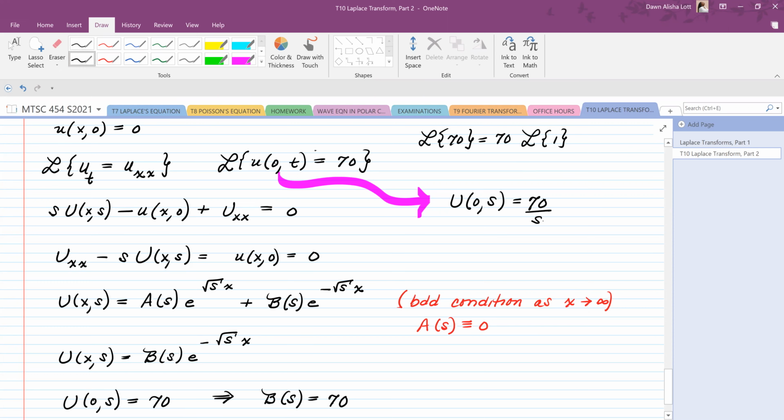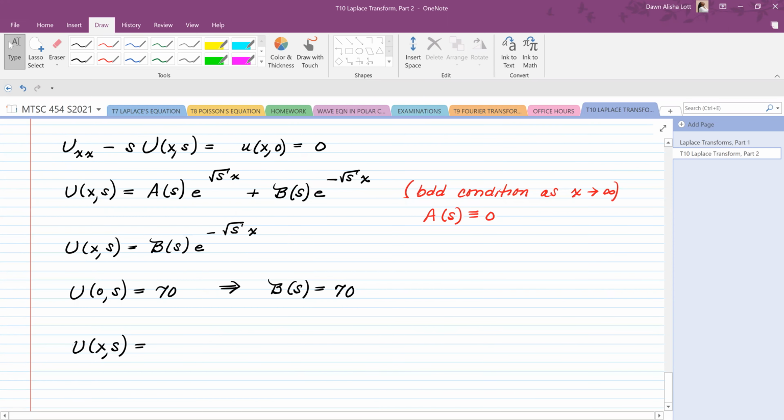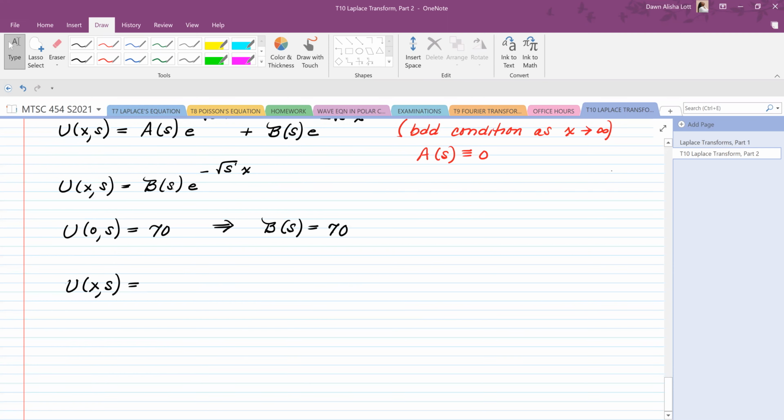Very easy to forget. So therefore this is 70 over s, e to the minus square root of s times x.